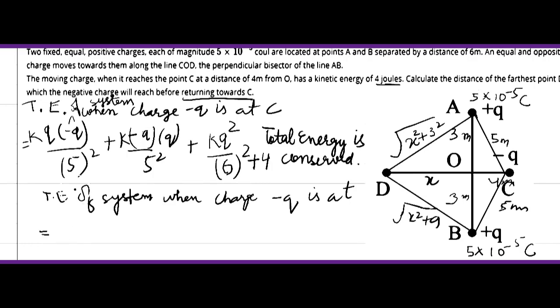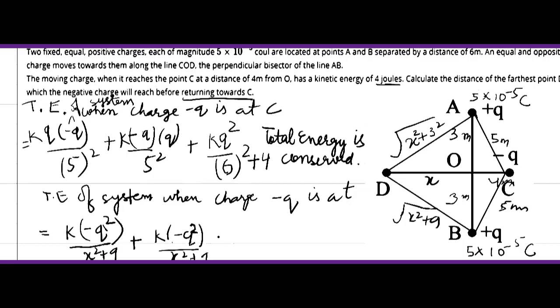Now, in place of 5 we just put the new distance: minus q square upon x square plus 9. The root will be removed by squaring.